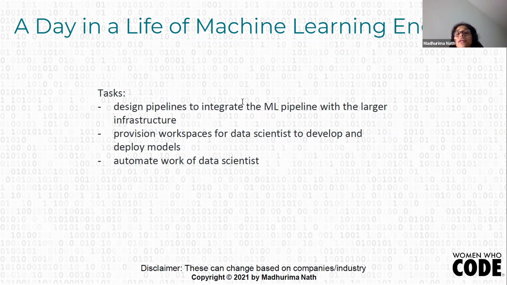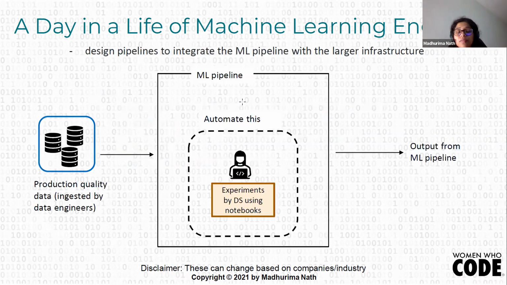And then the last task is to automate it so that a data scientist doesn't have to sit with their notebook open and do this manually. How can you make it automated so that somebody can call an API and do all this work?